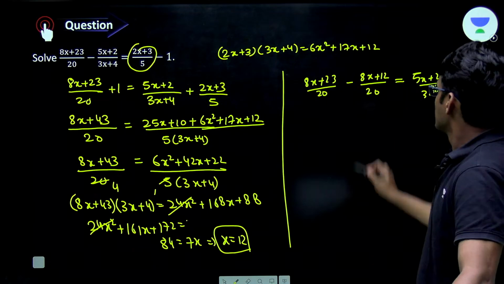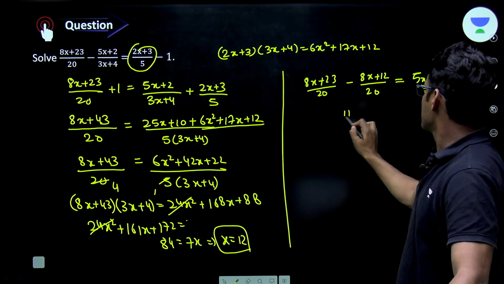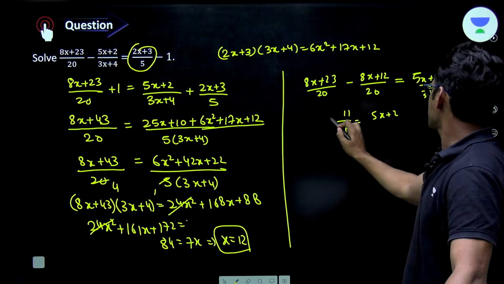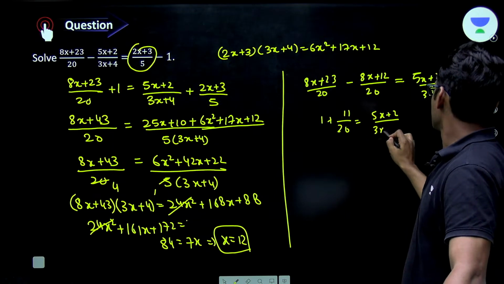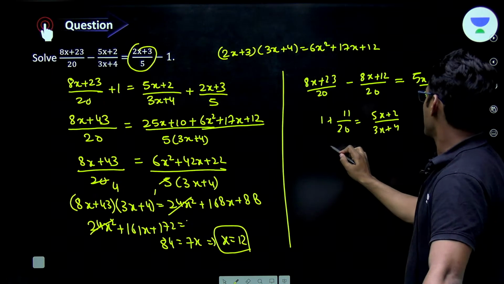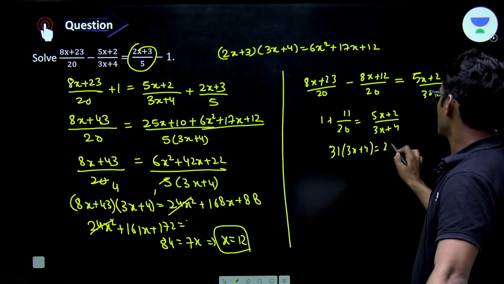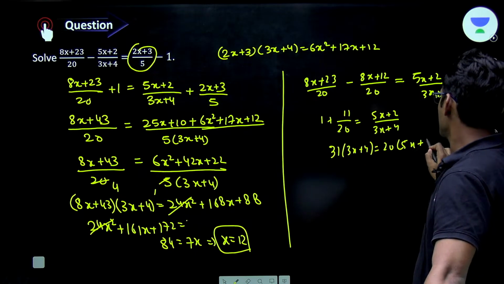Minus 1. Now, since the denominators are same, this becomes 11 by 20. 5x plus 2 and just add 1 here. Plus 4. 31. 31 into 3x plus 4 is equal to 20 times 5x plus 2.